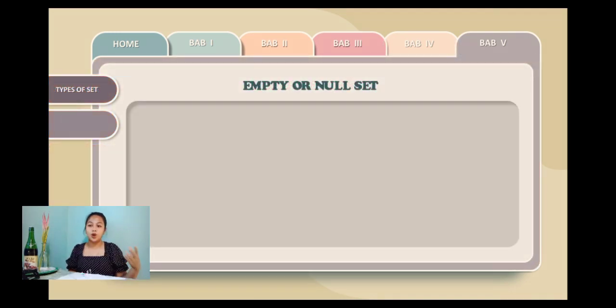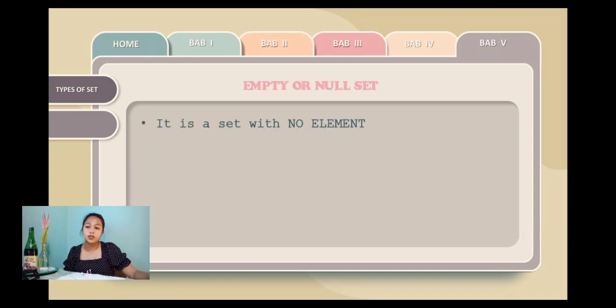Next, let's proceed to the types of a set. We have different types of sets that I'm going to discuss and share to you. The first one is the empty or null set. The null set or empty set is a set with no element.